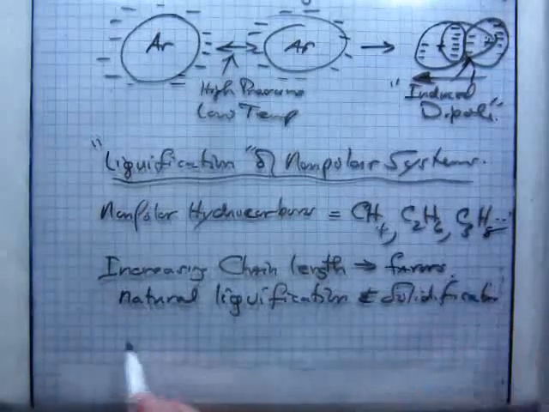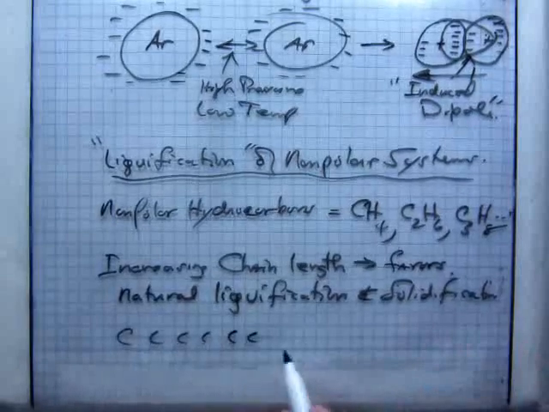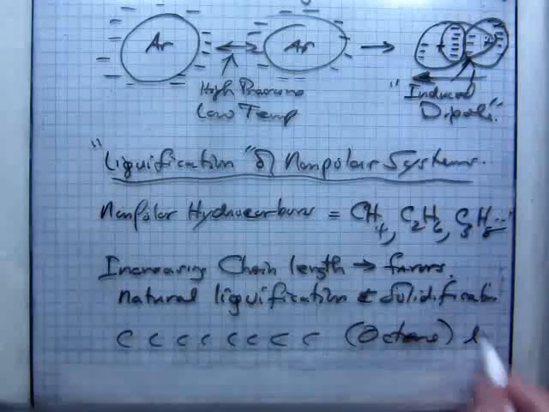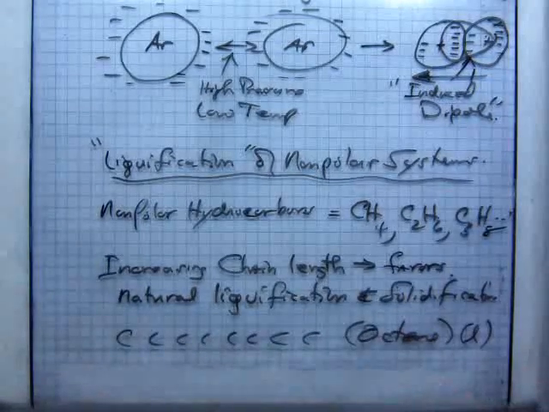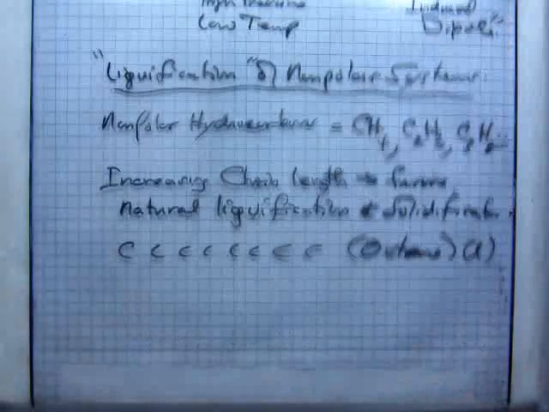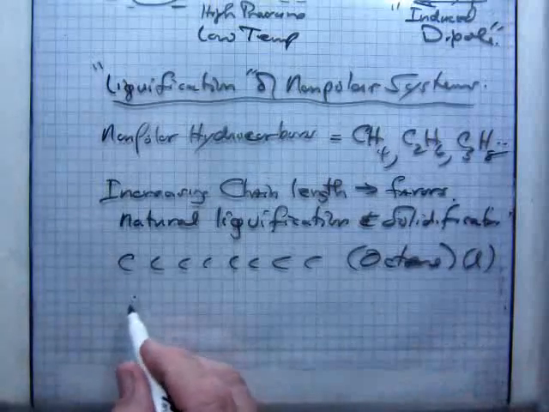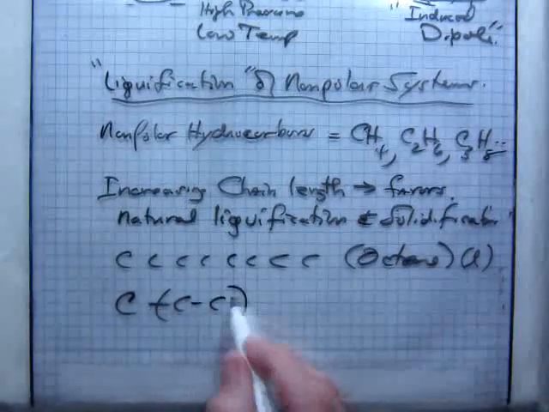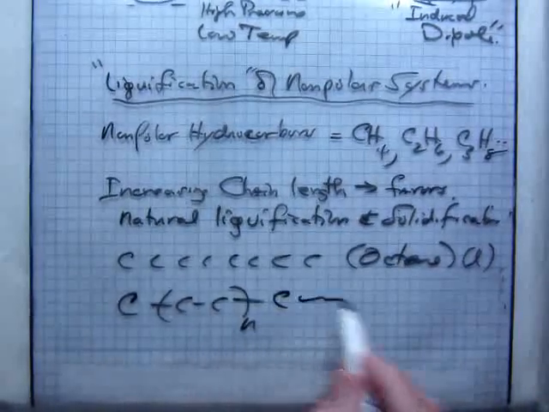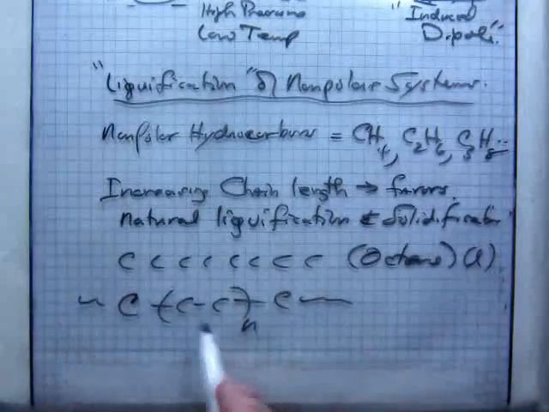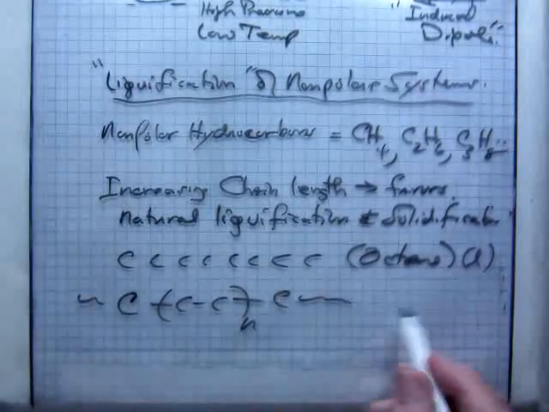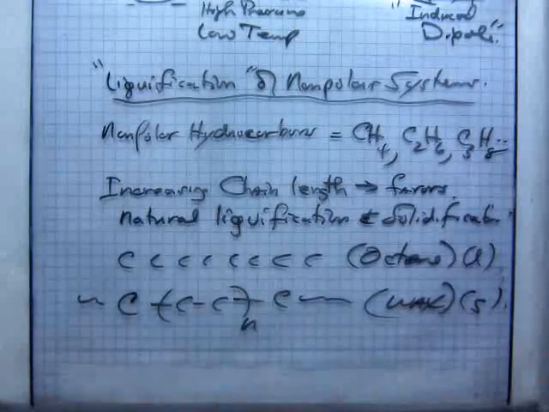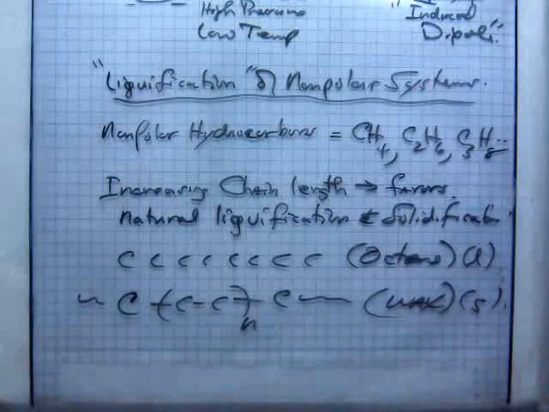For example, get up around octane, with 1, 2, 3, 4, 5, 6, 7, 8 carbons, then this would be a liquid at ambient conditions. Or if you get into long chain waxes, that's the symbology for polymer repeating chains, these are solids, even though their structures are nonpolar in nature.